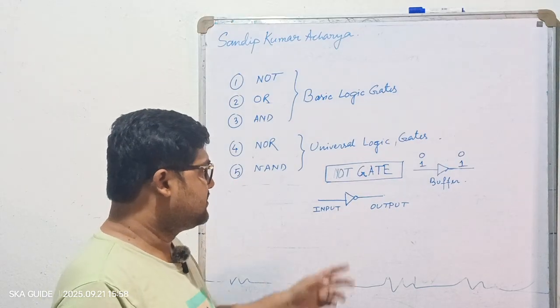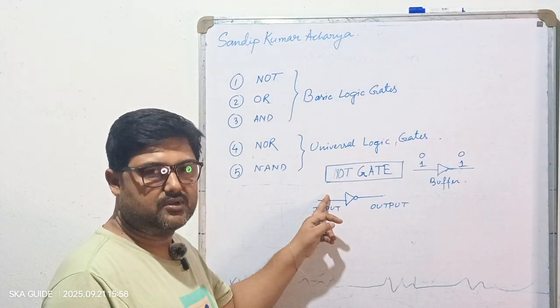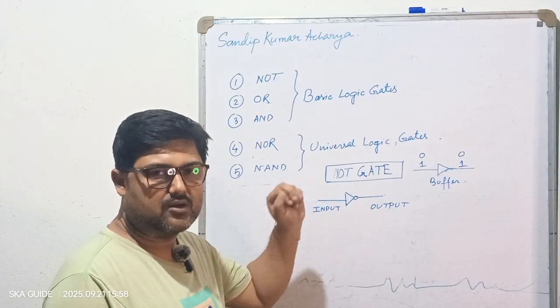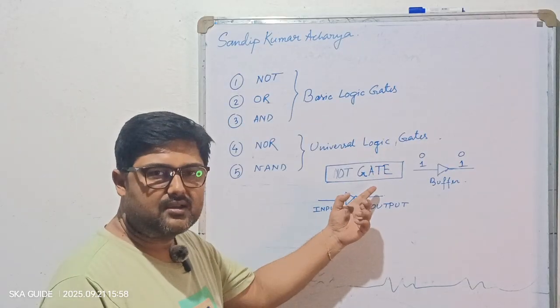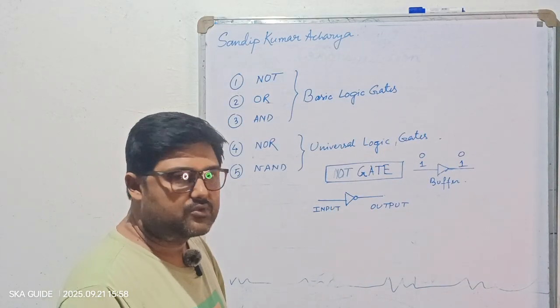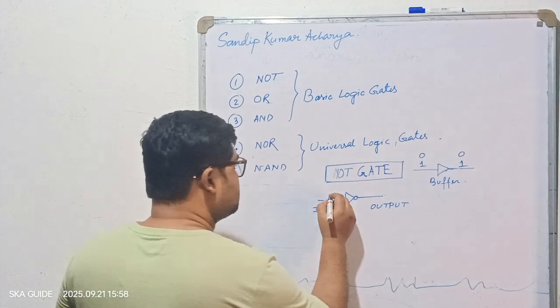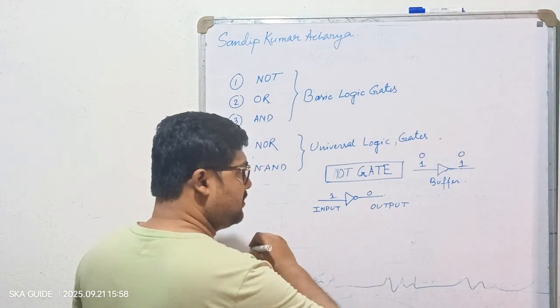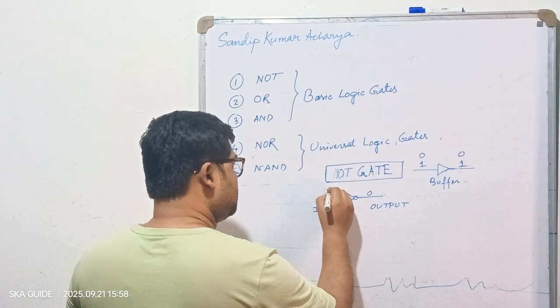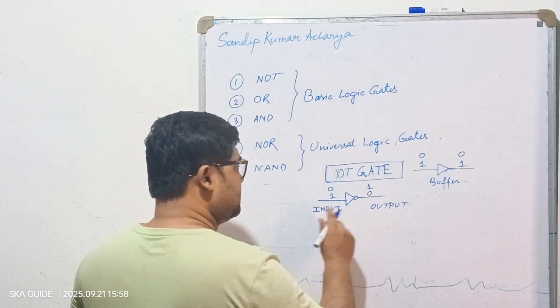Like if 0 is the input, it will be converted into 1 as the output. If 1 is the input, it will be converted to 0 as output. So if the input is 1, the output will be 0, and if the input is 0, the output will be 1.